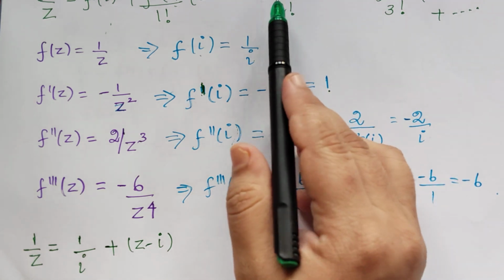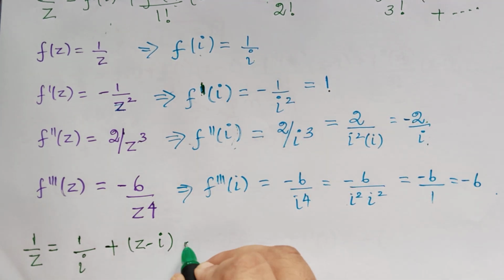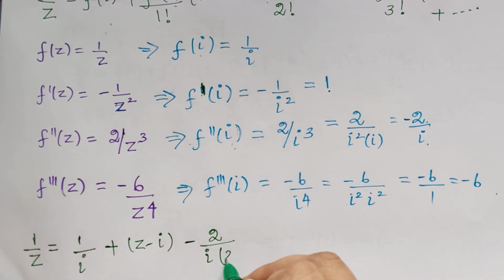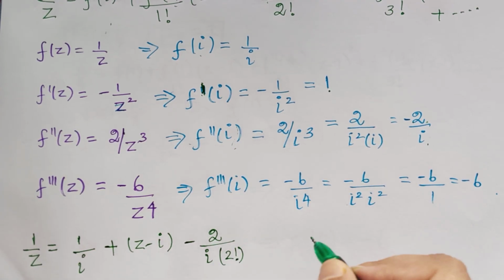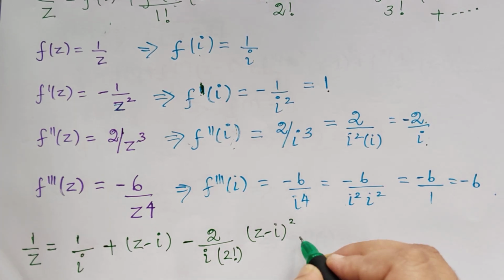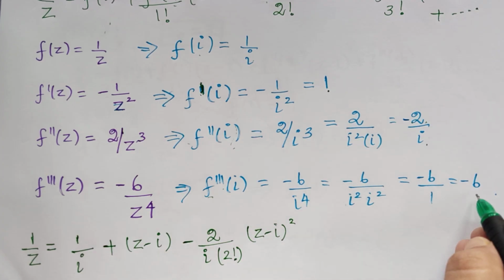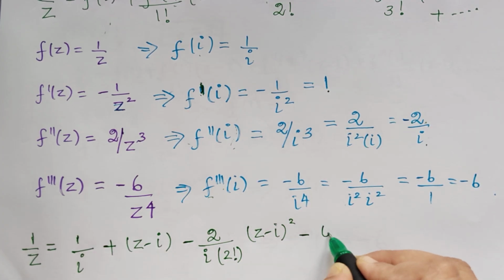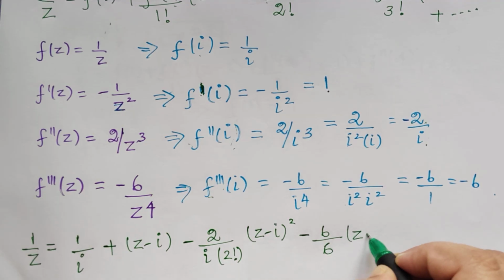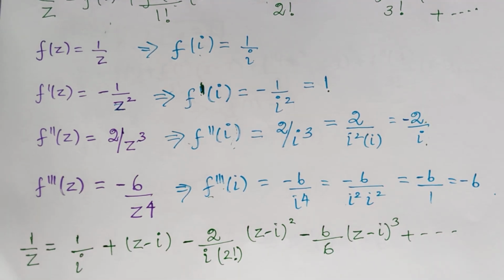And then f double dash of i is minus 2 by i. So minus 2 by i multiplied with 2 factorial, which is 2 only, multiplied with z minus i the whole square. And then we have f triple dash of i, which is minus 6. So minus 6 by 3 factorial is 6, multiplied with z minus i the whole cube, plus etc. It keeps on going like this.